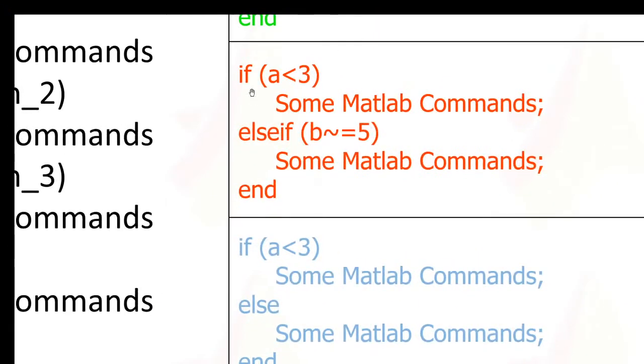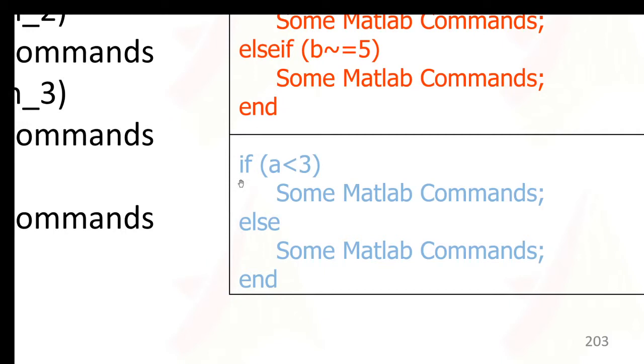You can see here, if a is less than 3, some Matlab commands. Here I am checking another condition. Sometimes if a is less than 3, for all the remaining conditions, if you have to apply some commands, you can directly put else. But here what I am doing is else if b is not equal to 5, so some Matlab commands you can write here.